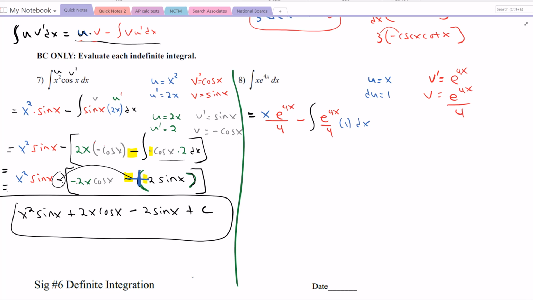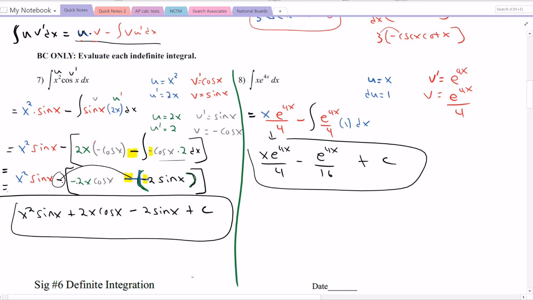So this turns into x e to the 4x over 4, right? That's just that piece. Minus the integral of e to the 4x again, which is e to the 4x over 4. There was already a 4 there. That's going to turn into 16 plus c, and that's sufficient for that one, right? You don't need to find like terms or anything like that.